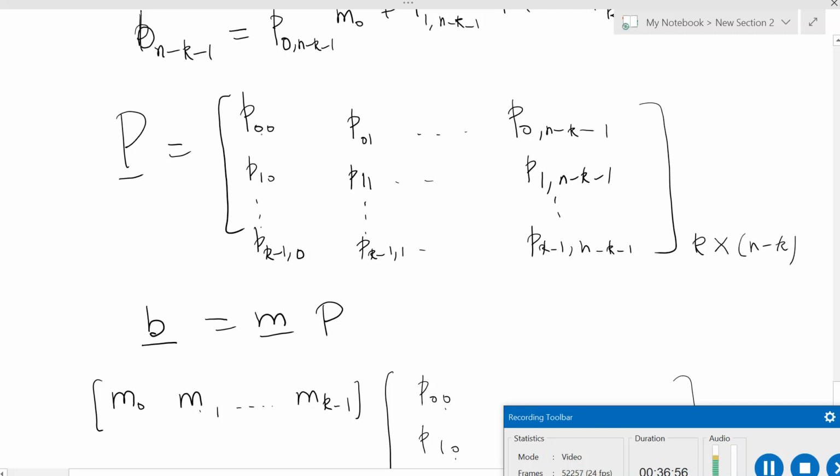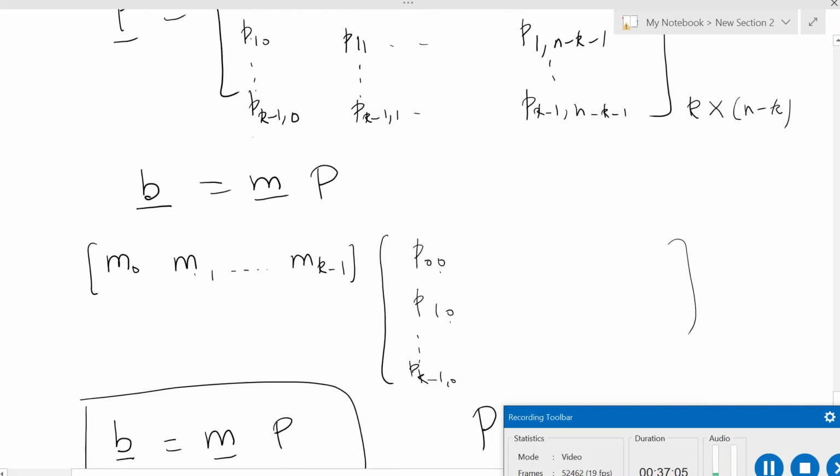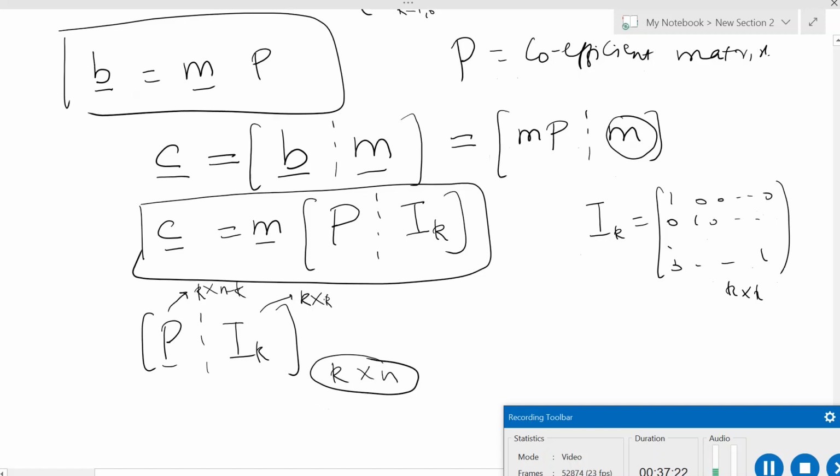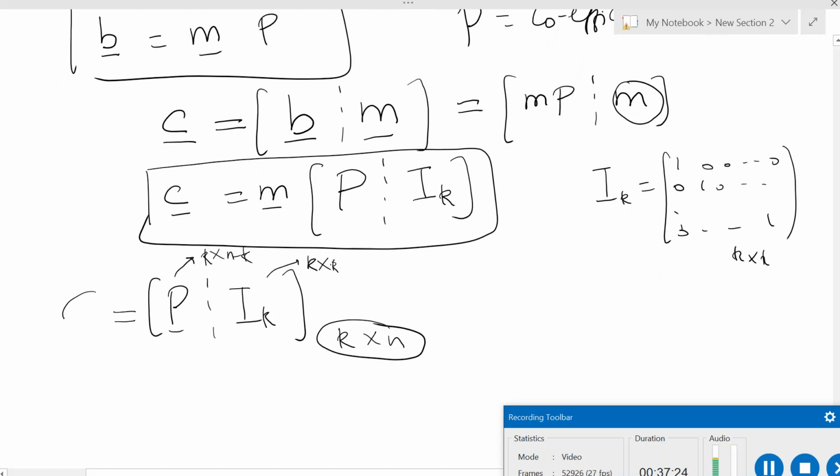See, there are K rows, 0, 1, 2 up to K, and N minus K columns, right? So this P is K over N minus K, this is K over K, so the overall will be K over N, right? This matrix is denoted by G and it is called a generator matrix.